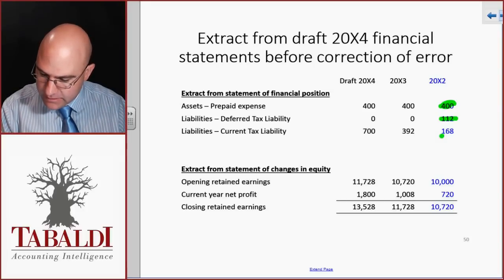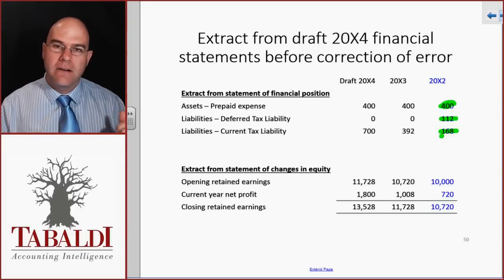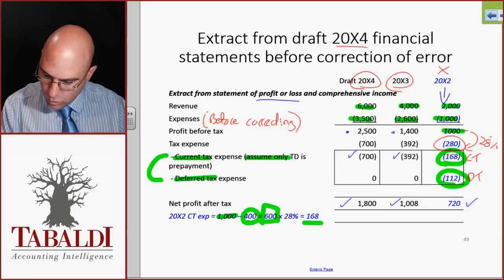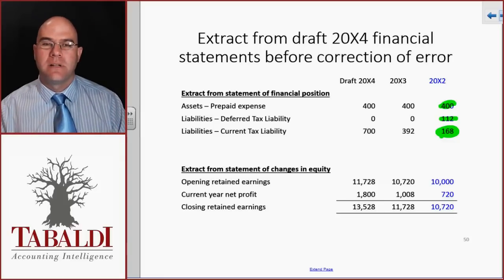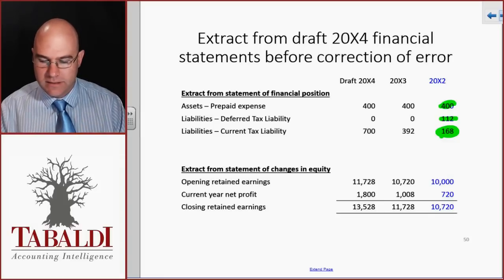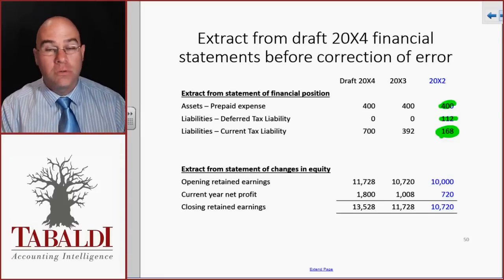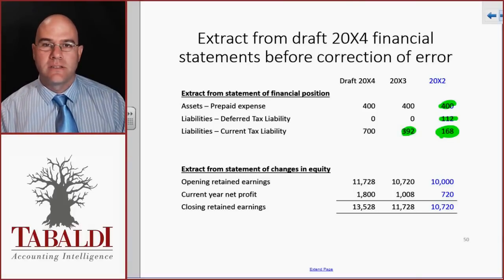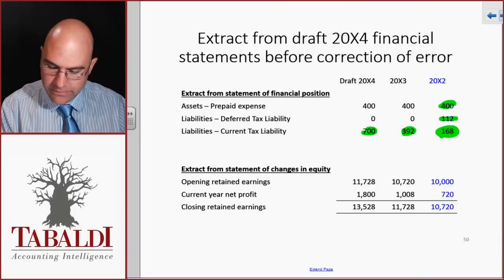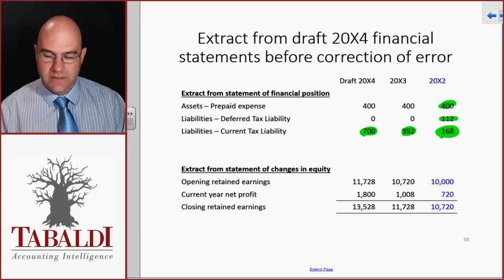The current tax, we're assuming we went debit current tax expense 168, credit current tax liability 168. Okay, and that's raised. 20X3, I've assumed the 20X2 is fully paid. Only the current tax liability of 392, and for 20X4, only the current tax liability of 700.